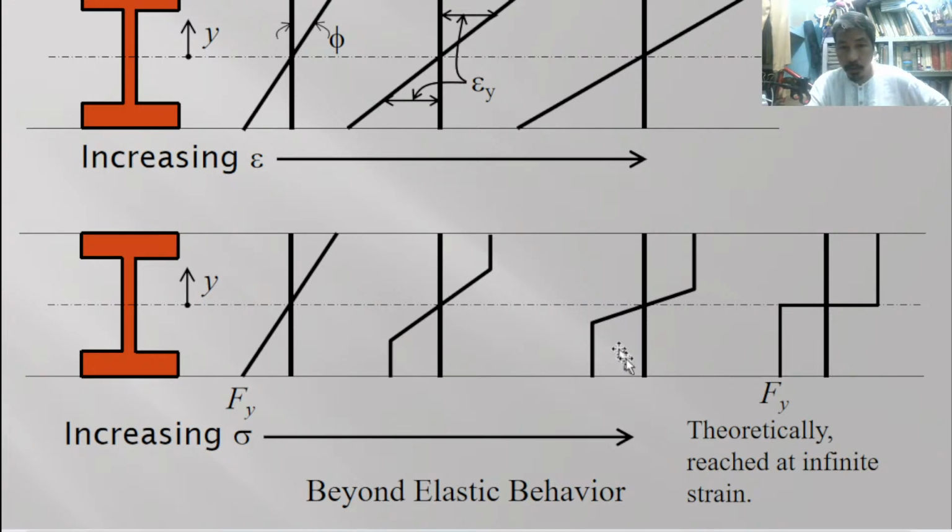And then if you increase the load further, it will look like this, meaning the region which is still elastic will lower and lower its slope, or rather increase its slope, up to the point wherein the line is horizontal.